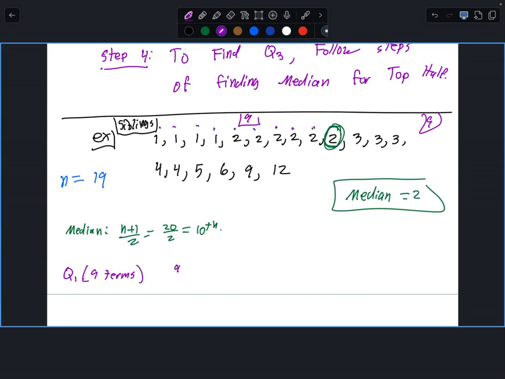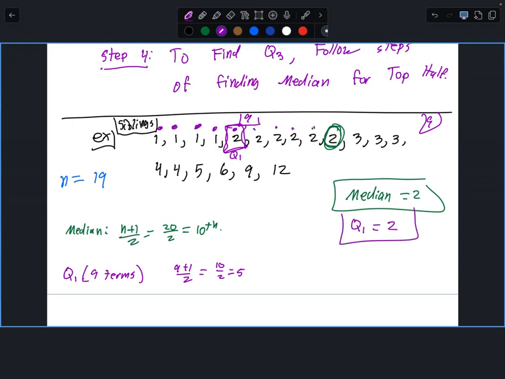What's 9 plus 1 over 2? That's 10 over 2, which is 5. So the 5th term is the median of the bottom, which is also quartile 1. So 1, 2, 3, 4, 5, and this value right here is quartile 1. Now notice it's the same number. That happens sometimes. So Q1 is equal to 2.